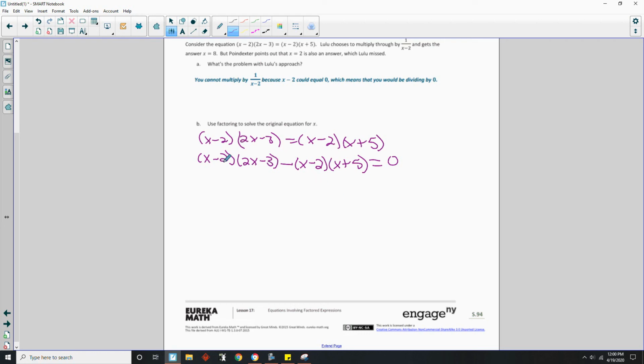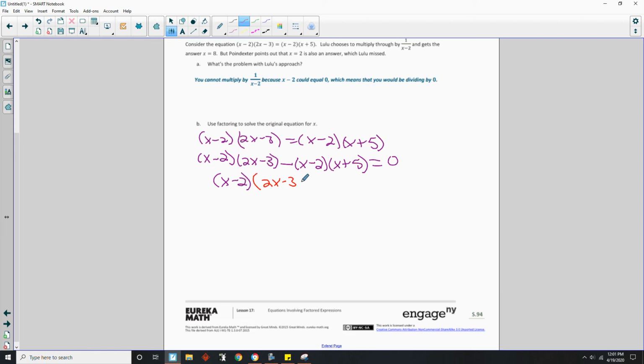Okay, so now I have an x minus 2 and an x minus 2 and a 2x minus 3 and an x plus 5. So I can rewrite this as x minus 2 as my factor that I factored out of this. Okay, let me change colors here because this might confuse you. Let me erase this piece first. Let me change this to red. So what I'm going to do is take this, 2x minus 3. So x minus 2 times 2x minus 3 would give us this piece here.